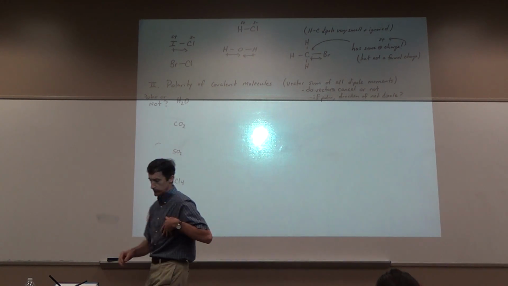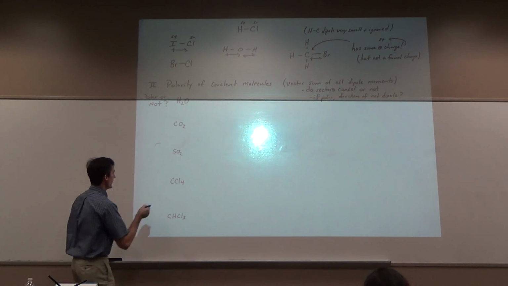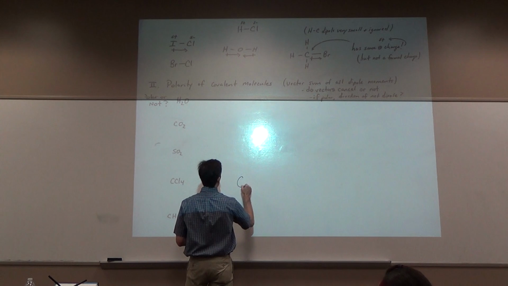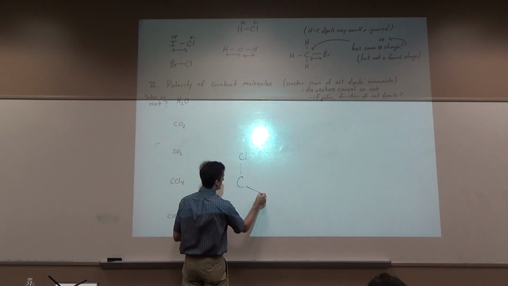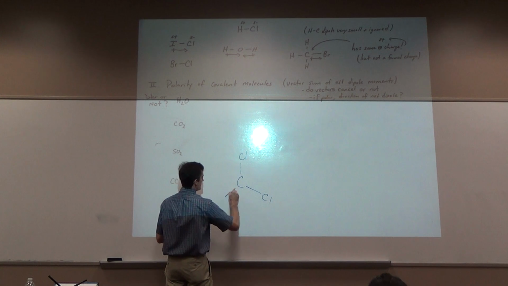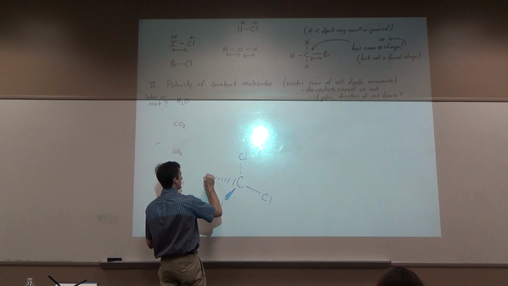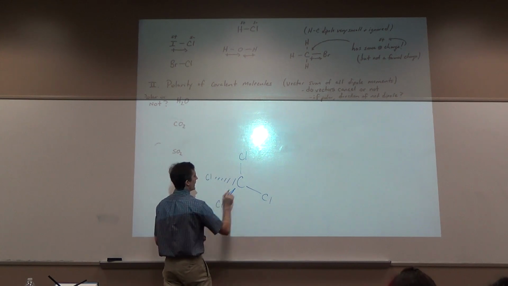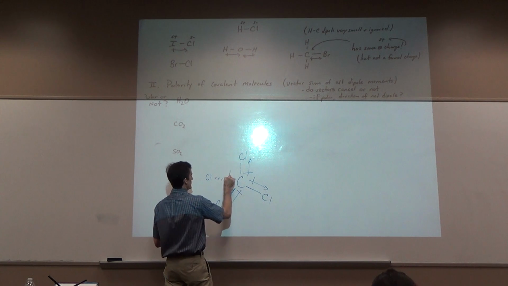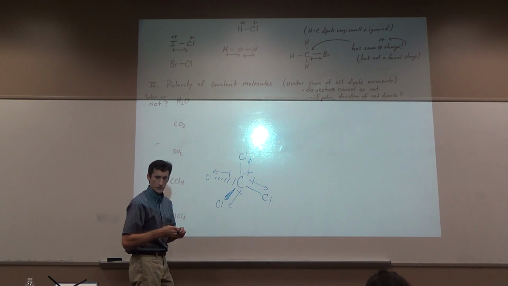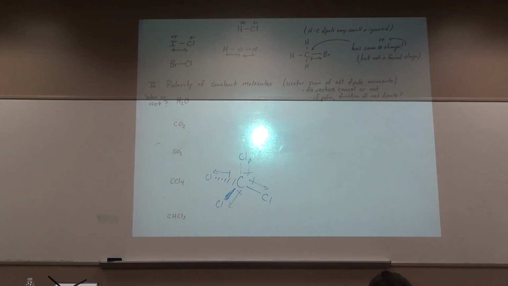We did SO2. What about carbon tetrachloride? Carbon with 4 chlorines. This carbon is going to be tetrahedral. It's going to be 2 in the plane, 1 forward, and 1 back. We have dipoles to every chlorine. Those are equal. Are they going to cancel each other out?